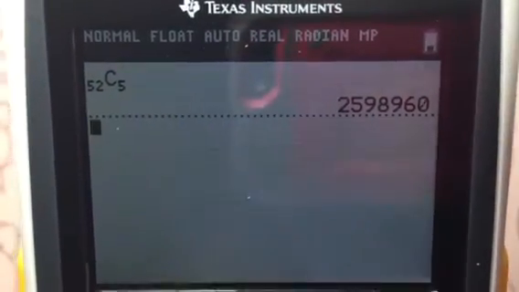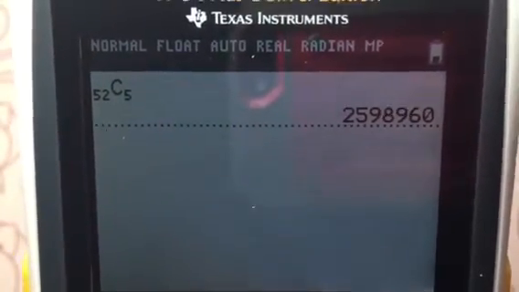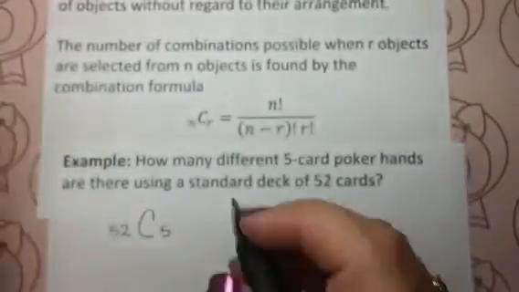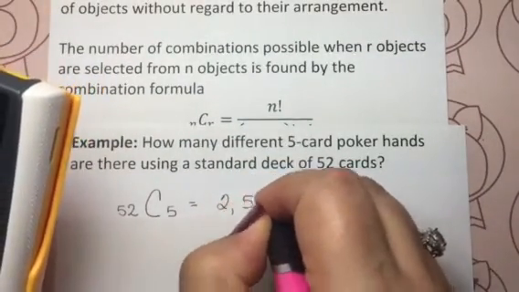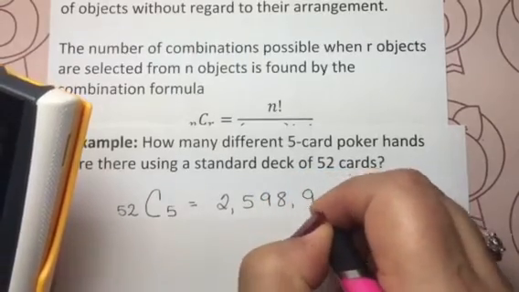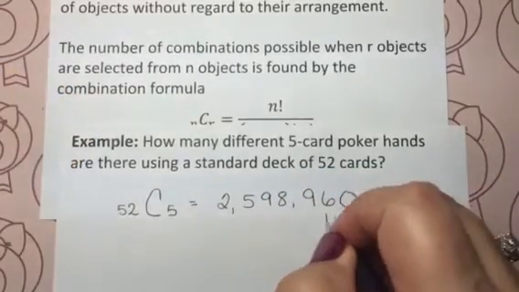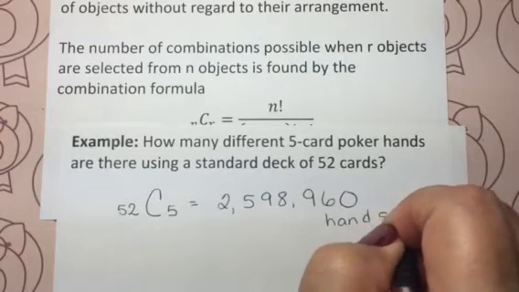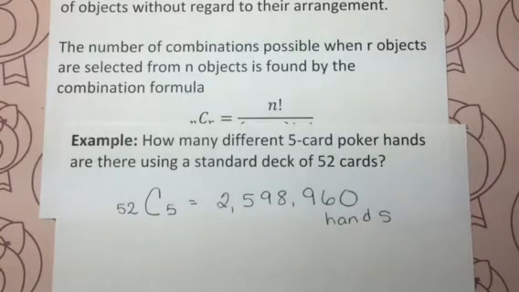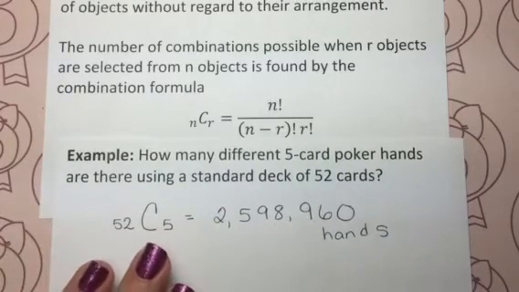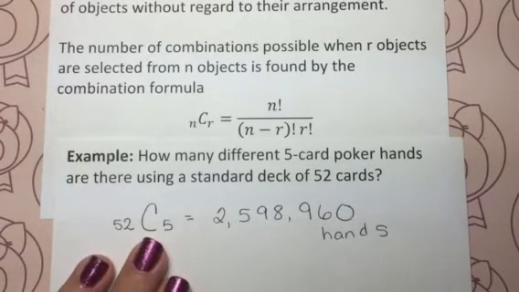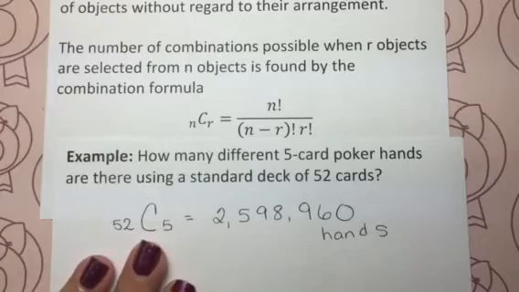There are that many 5-card hands that you could be dealt in poker. That is 2,598,960 hands. So, permutation, order matters. Combinations, order does not matter.